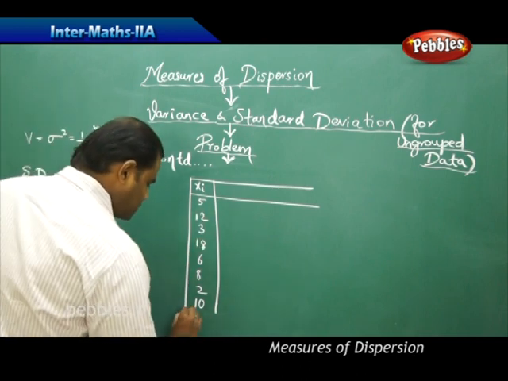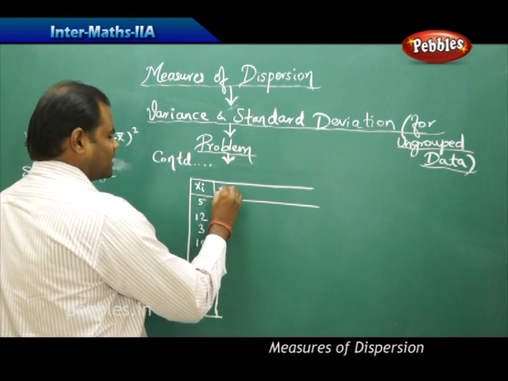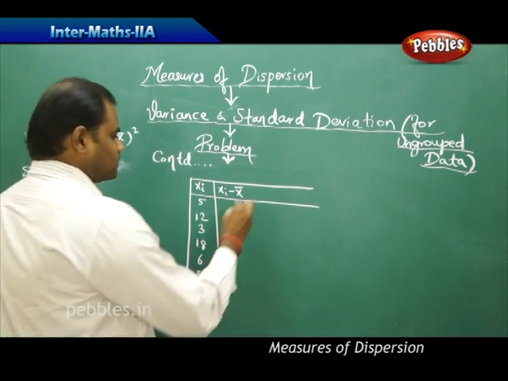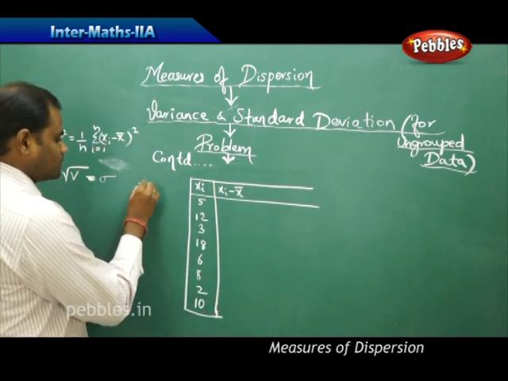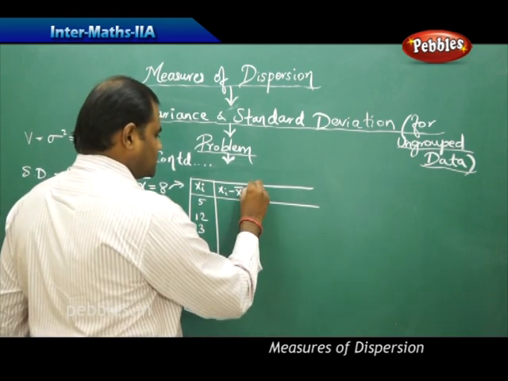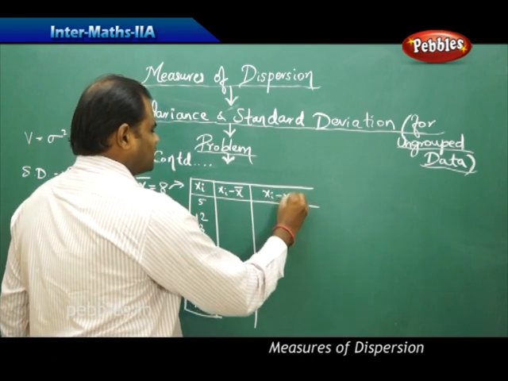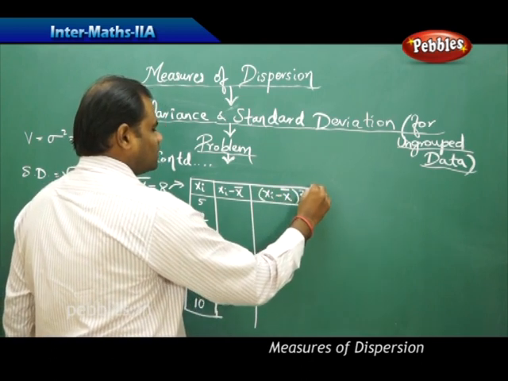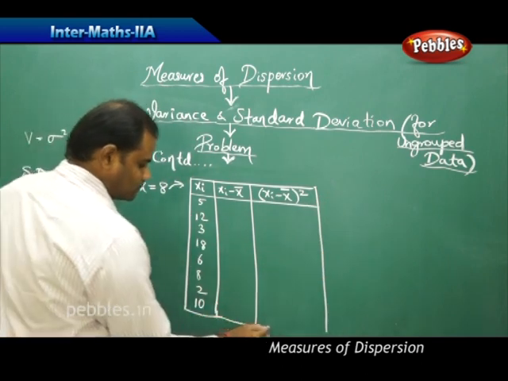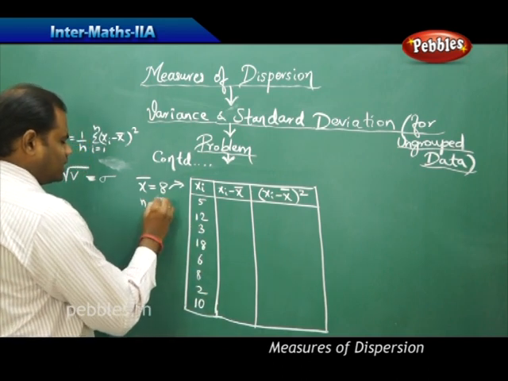And with these observations, let me first find xi minus x bar, which I'm going to find as the deviation using x bar equal to 8 substituted here. Then after this, I find xi minus x bar whole square, and then I get each of these. Interestingly, even n is 8.